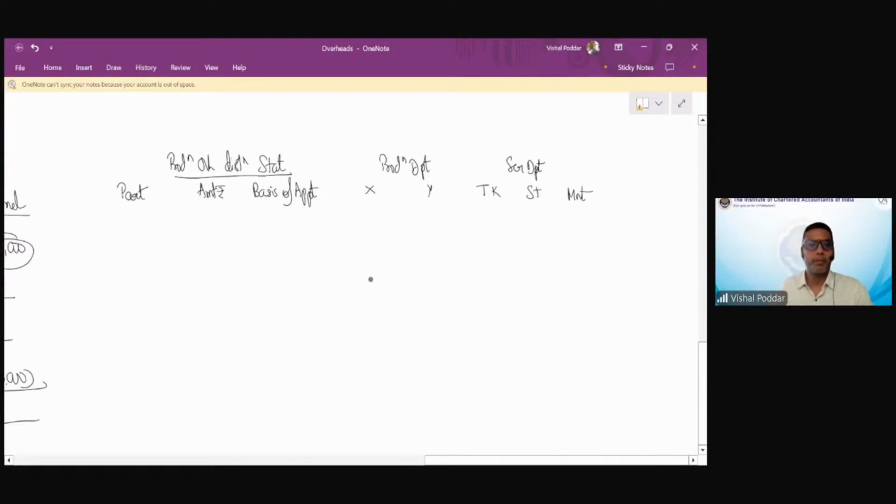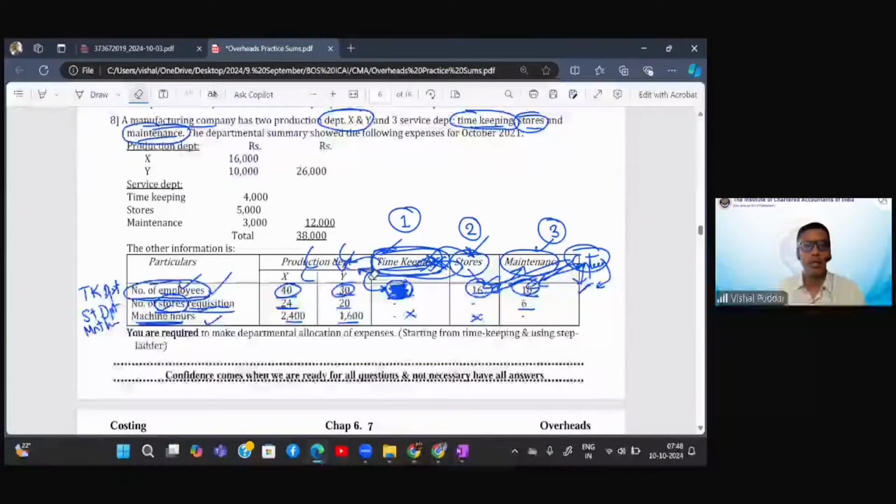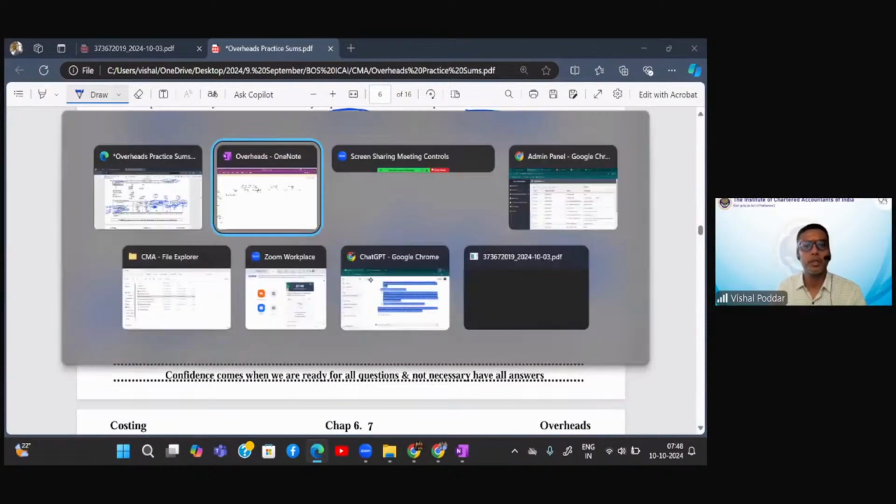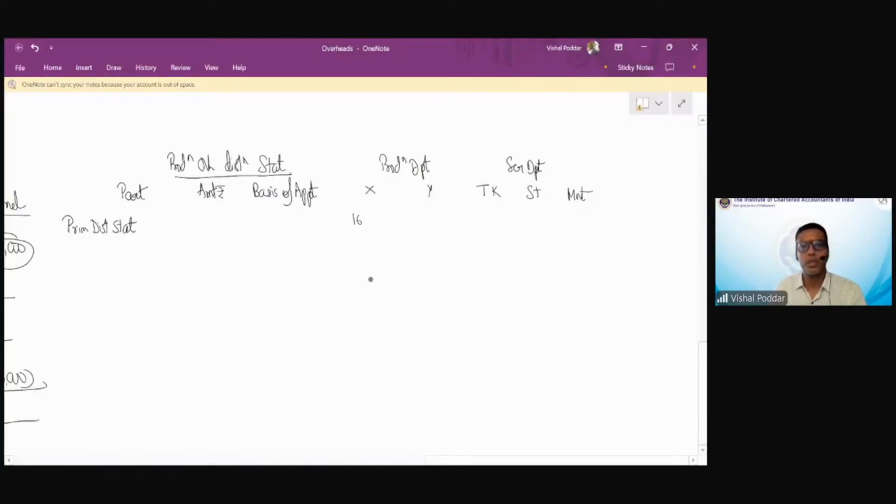Again, as per primary distribution, the amounts that are already given as per primary, we will copy paste them: 16, 10, 4, 5, 3. So it is 16, 10, 4, 5, 3.